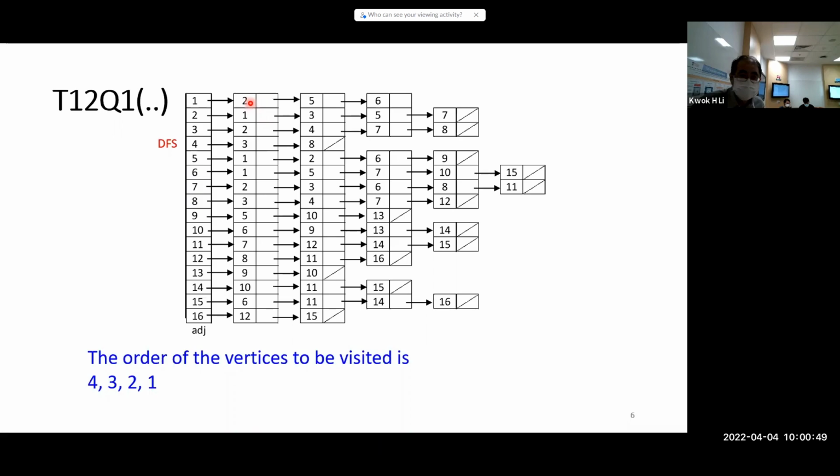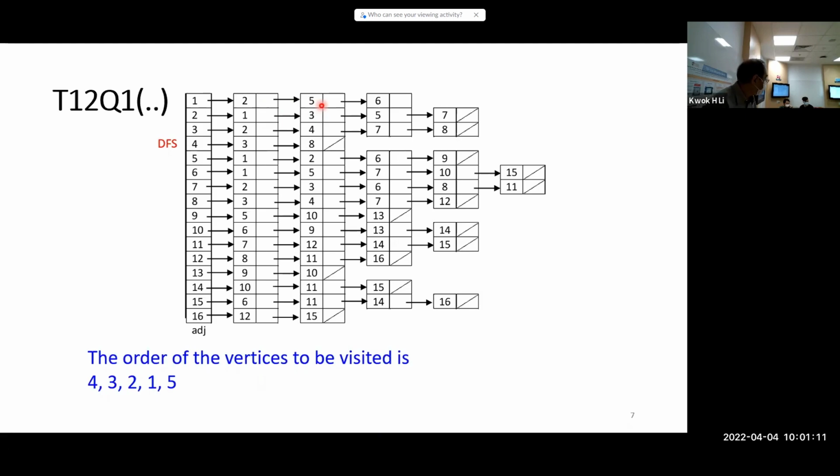So we go to the next one. From 1, we can also go to 5, right? And 5 has not been visited before. So we visit 5. 5 is there.